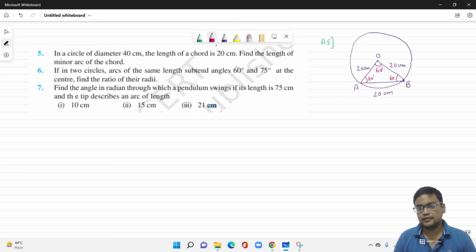The angle subtended at the center by this arc which I am highlighting, or by this chord, is 60 degrees at the center. Find the length of the minor arc of the chord.